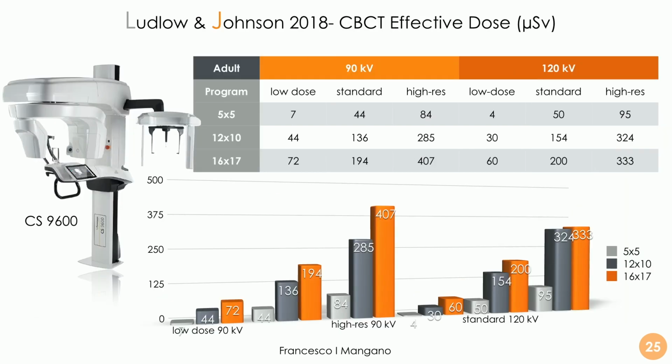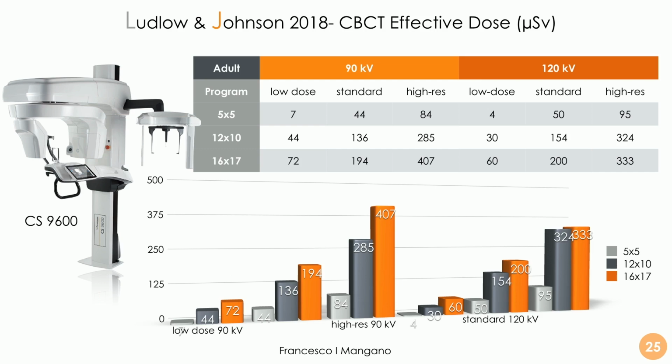As we can see from this last table, these are the effective doses to the organs in microsievert, and if we compare these values with the first values that I showed you at the beginning of this presentation, we see the incredible evolution that we had along these 20 years, because the machines became much easier to use, and definitely they can provide really high quality images, much more than before, and at the same time it is possible to dramatically reduce the dose given to the patient with a lot of biological benefits.